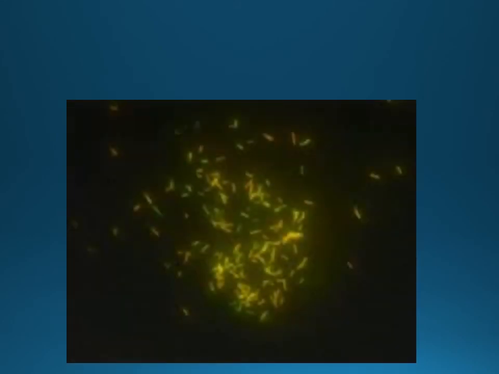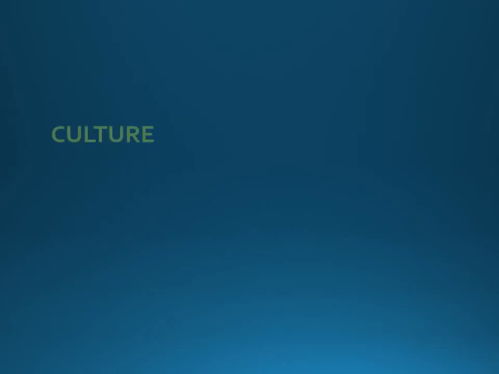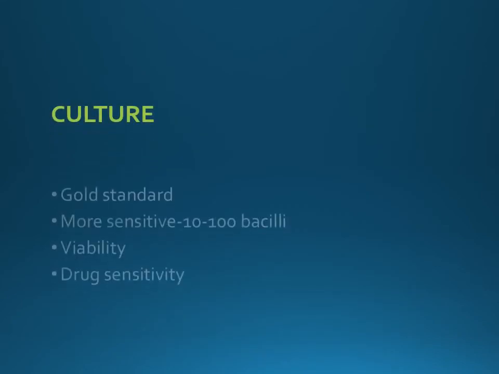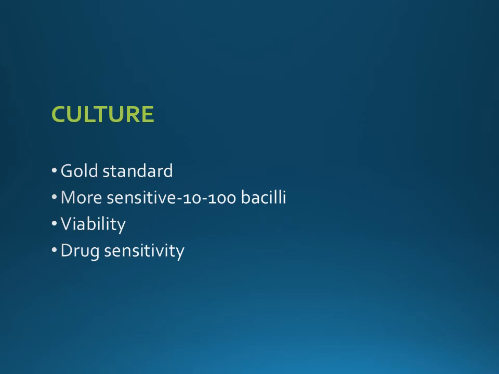fluorescent stained bacteria. Then comes the culture, that is the gold standard. In staining, we cannot say whether the bacteria are alive or dead, but culture will tell you that the bacteria you are seeing are alive. If it is growing, that means the bacteria are alive. In the ZN staining, we can only see the bacteria when there are more than 10 to the power 4 bacilli per ml.